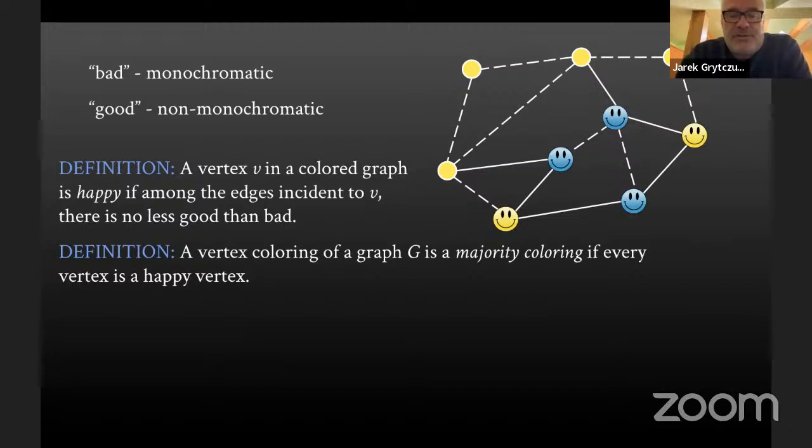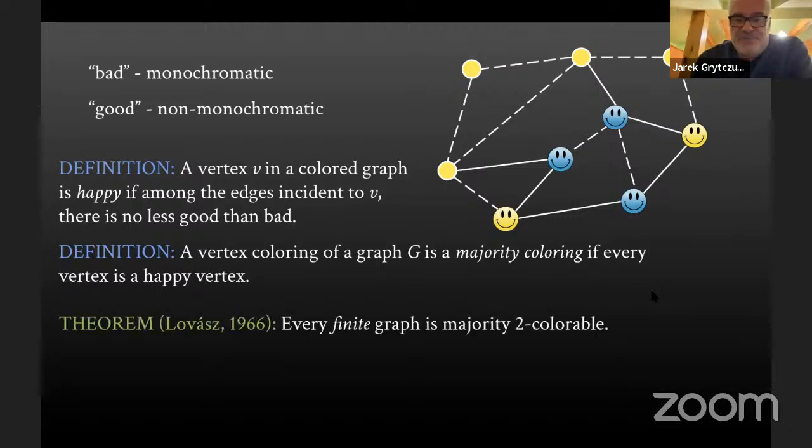So this needn't be a proper coloring, but of course, in a proper coloring every vertex is very, very happy. There are no bad edges at all. But in this problem we are trying to make this happiness, say, 50-50 at least for every vertex. So in this example, it is still not a good situation because we see some unhappy vertices. But what can we do about it?